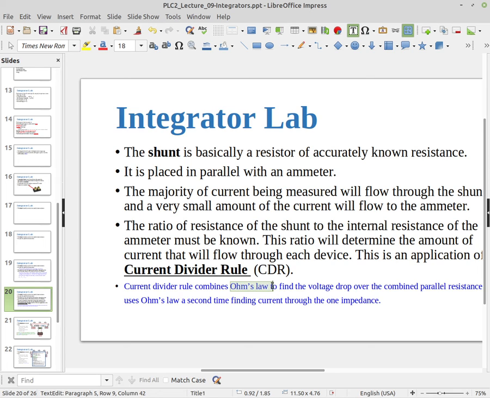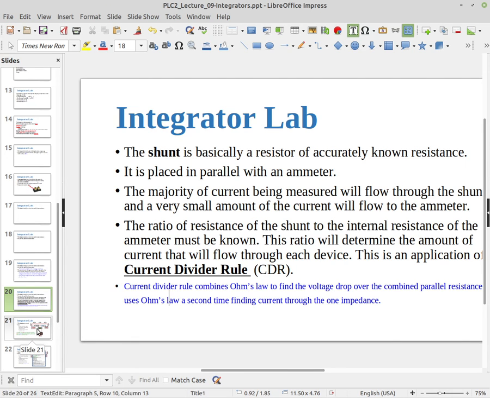It's combining Ohm's law once using total current and total resistance to find the effective voltage, and then using that voltage with the resistance to determine the current through that one resistor. The current divider rule is given there in the slides, but it's effectively just Ohm's law applied twice.